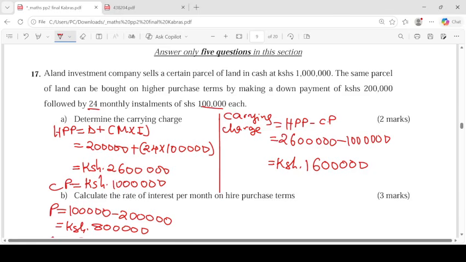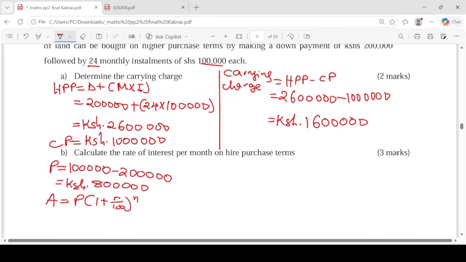So that is the amount that was paid, 24 times 100,000. Instead of paying the 800,000 that was remaining, this person paid 100,000 for 24 months, into 1 plus R over 100 to the power of N. For how many months? They are talking about per month, so this is 24 months.